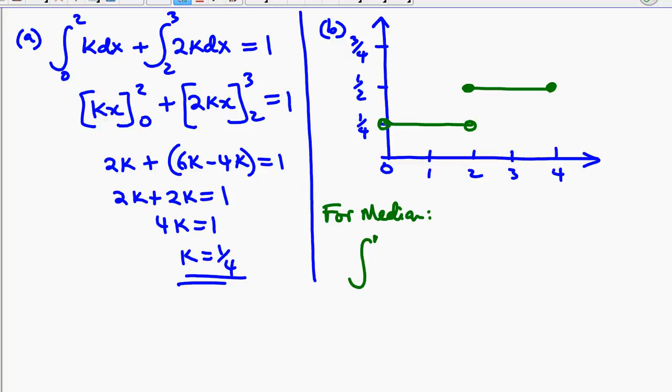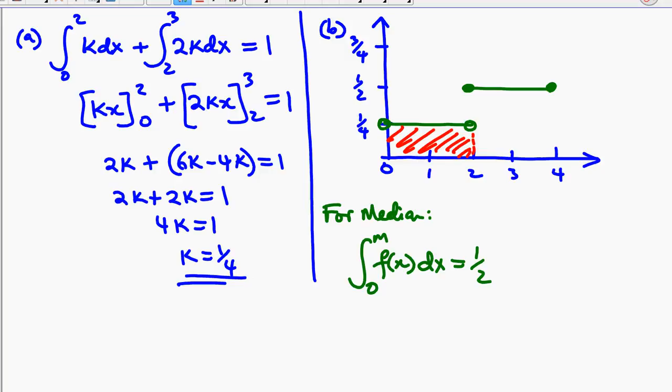So the integral from 0 to M of f of x dx has to be equal to a half. By inspecting, we are basically trying to say that this area here has to be a half.